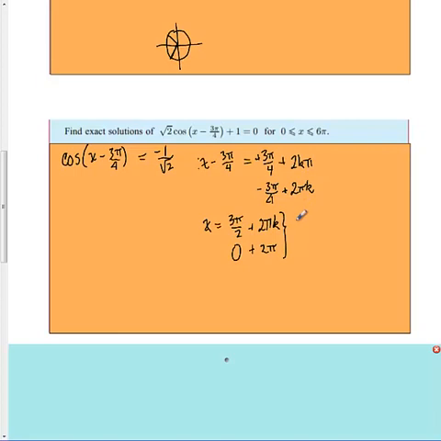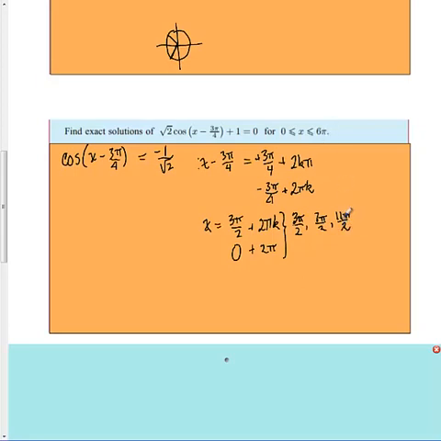So let's see, I get 3 pi over 2. That's there when k equals 0. And if I add another 2 pi, which is 4 pi over 2, I get 7 pi over 2 and 11 pi over 2. I'm adding 4 pi over 2 each time, and I'm trying to stay below 6 pi.